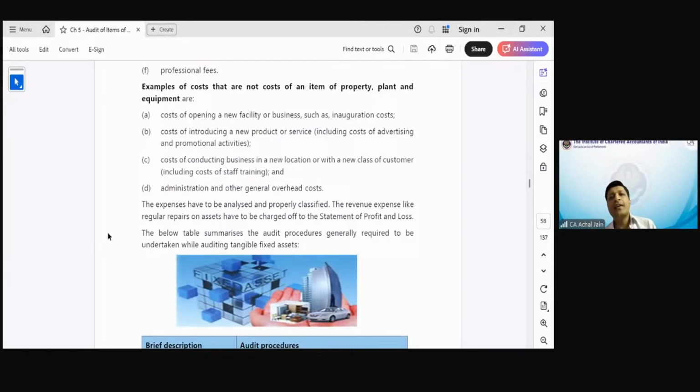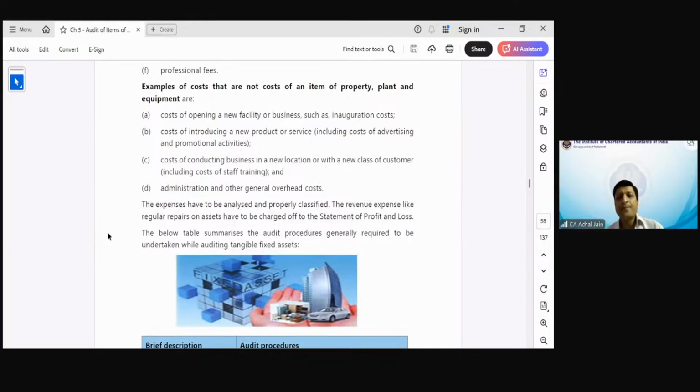If there is anything related to marketing of PPE, will you capitalize it? The answer is no. The same sort of assessment which we had in respect of inventory, you'll have here. Dhanush is saying third point of elements. What do you mean by third point of elements? I couldn't understand, Dhanush.